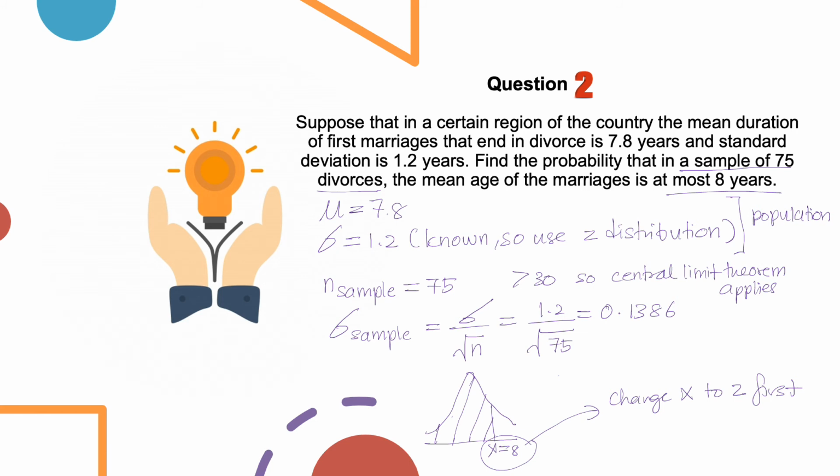So this is the area enclosed by x equal to 8, where you can see that the area covers from the left to the right. But first, we have to change x equal to 8 to the z value. Converting the x value to the z value, we have to apply this formula.